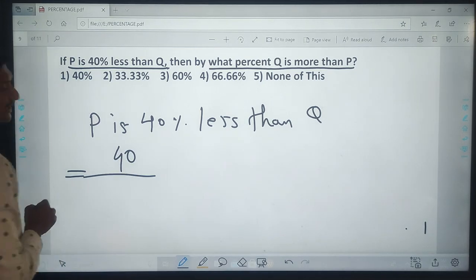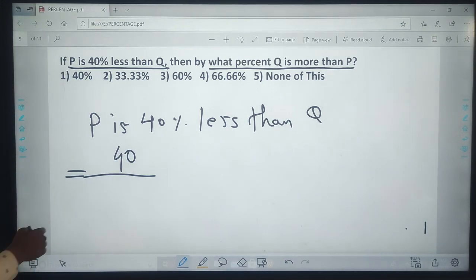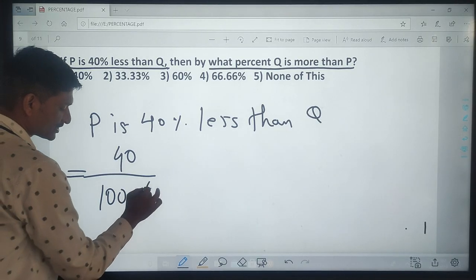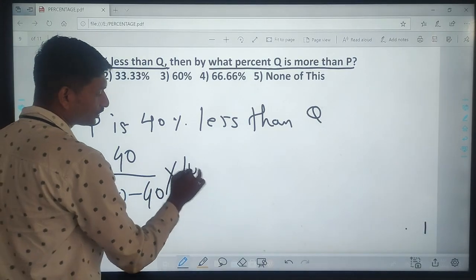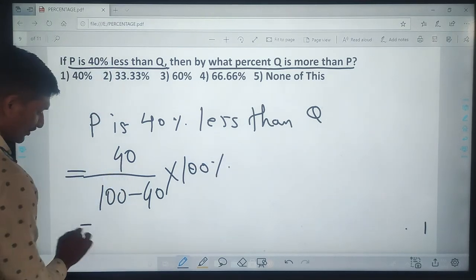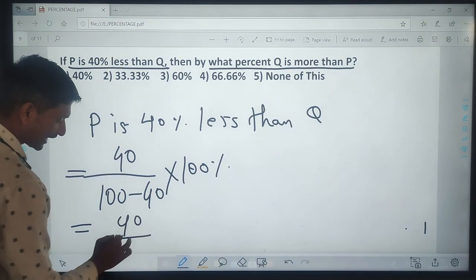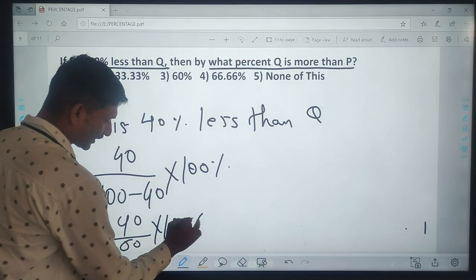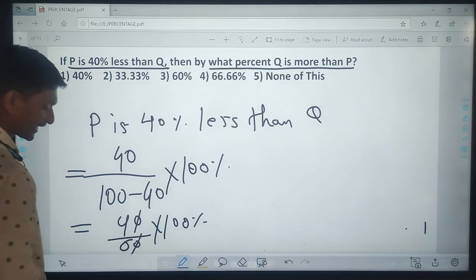If P is 40% less than Q, we directly write 40 divided by 100 minus 40 into 100%. Less means minus. Now here we write 40 divided by 60 into 100%. Now the zero gets cancelled.